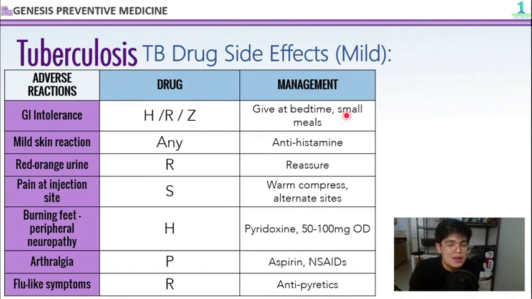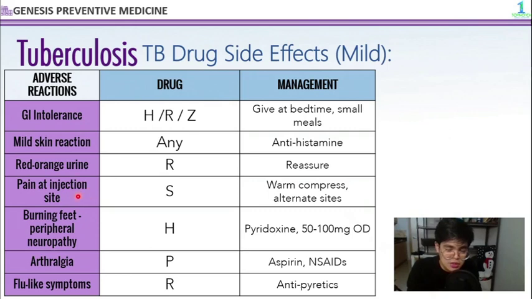And when the GI intolerance becomes severe or intolerable, that's when it becomes a major side effect. Next, for mild skin reaction, typically any drug can cause a mild skin reaction, and simple antihistamines can suffice. Red-orange urine is classic for rifampicin. The patients can be scared, but they can be reassured it's normal, nothing to worry about.